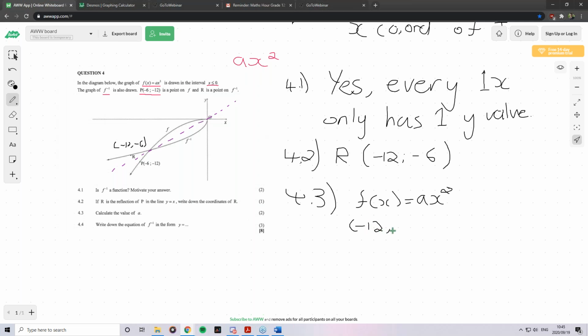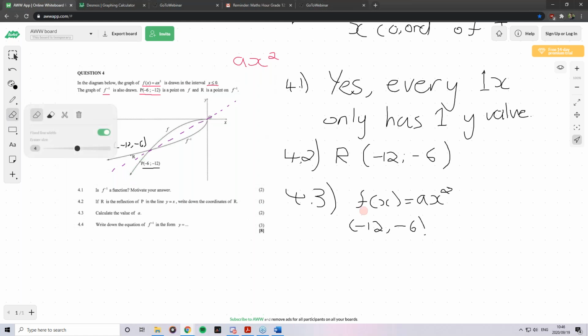So let's just put minus 12 and minus 6 into this function. So the function value at minus 12 is minus 6. Wait, actually, sorry. We're not looking at the point minus 12, minus 6. Sorry, my bad. We're looking at the point minus 6, minus 12, because the inverse of f passes through the point minus 12, minus 6, but f passes through minus 6, minus 12.